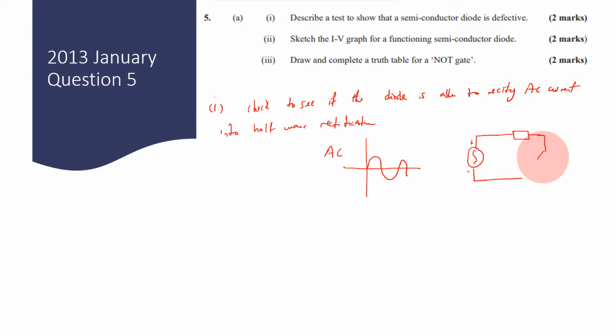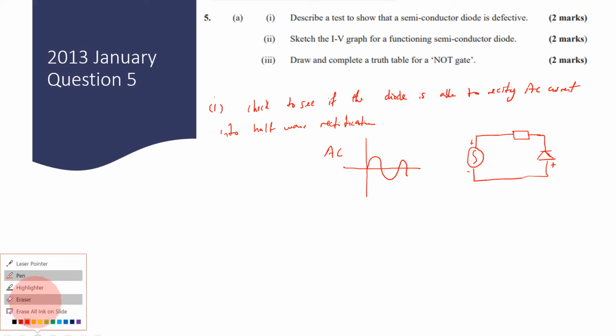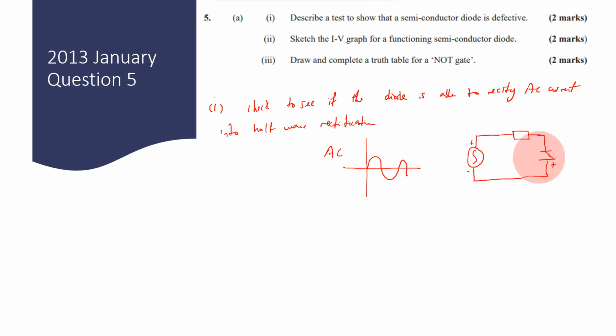So to be in forward bias, I think this is how it would have to be connected. Let me just verify. Negative to positive. No, that's not the way I would connect it. Actually, it's the other way around. This method is in reverse bias.